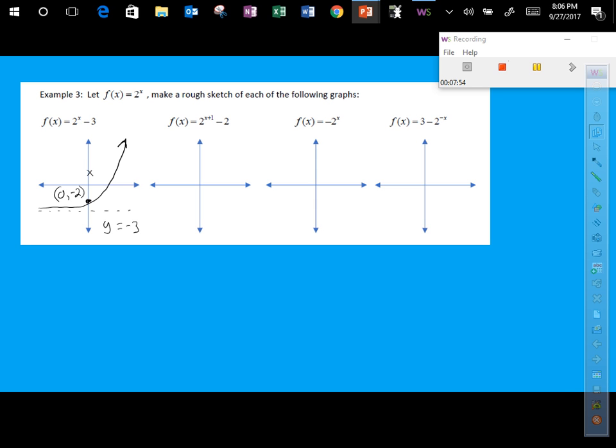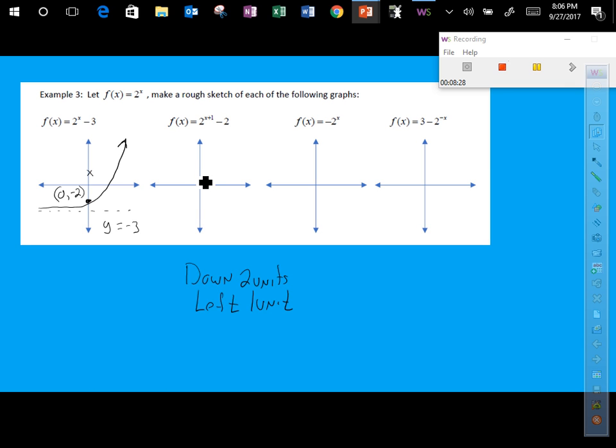Now, if you look at our f of x is 2 to the x plus 1 minus 2, here's what's going to happen on this graph. This minus 2 is going to move it down 2 units. Now, if you look at that exponent, the exponent is a grouping symbol. That x plus 1 is going to move it left 1 unit, just like it would in a parabola if it was inside the parentheses.